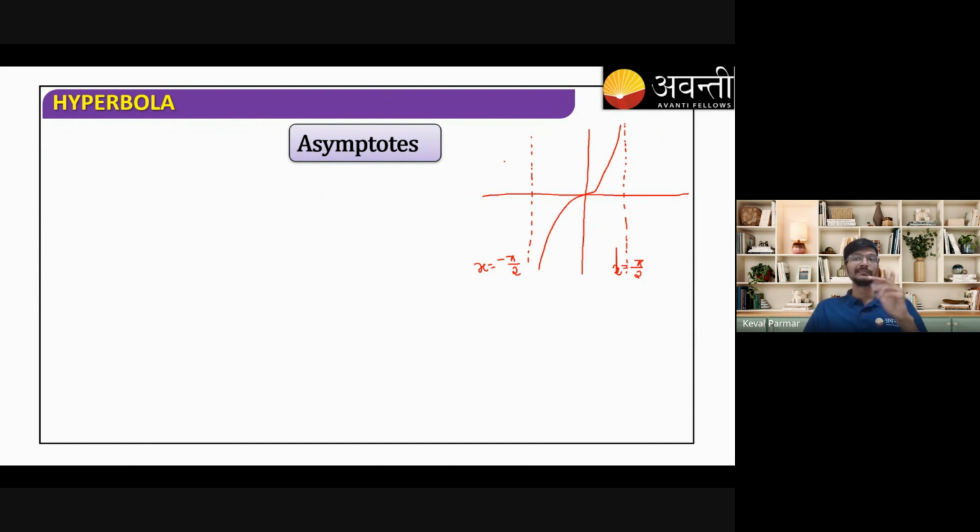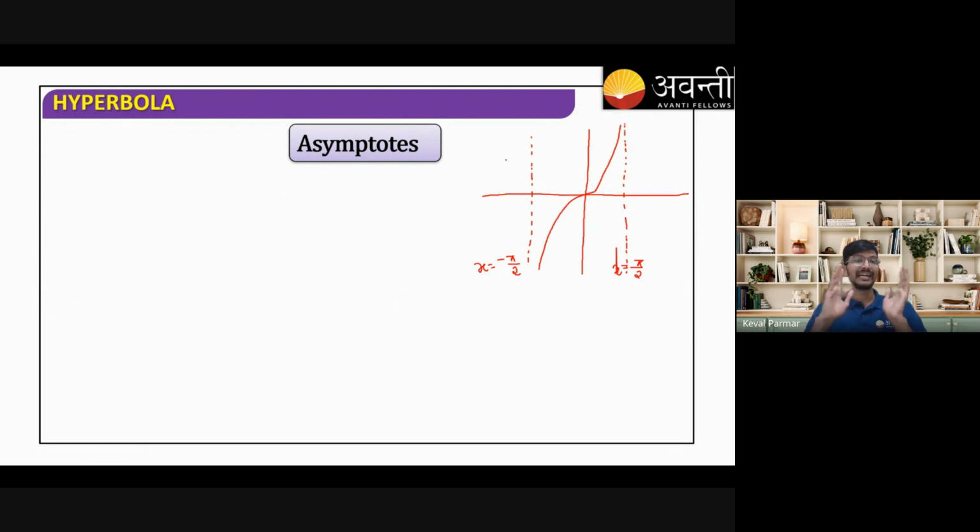Why? Because tan pi by 2 is not defined. Similarly, such lines are called asymptotes, which never intersect the curve.